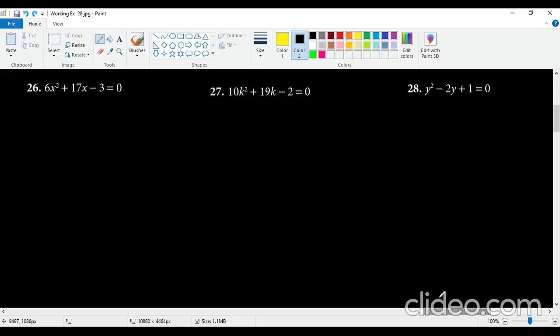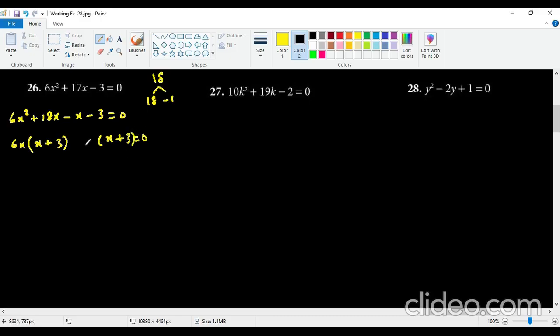For question number 26, 6 times 3 is an 18. We need to factor this in such a way to give us plus 17. So I can see that 18 minus 1 is going to give us a plus 17. And I will write the first one as it is, plus 18x and minus 1x minus 3 equals 0. So the common in between first and second is 6x, and will be x plus 3, and copy down x plus 3 this way equals 0, and minus 1 will be like this.